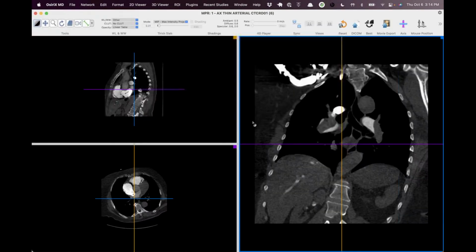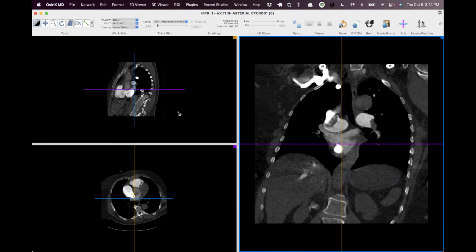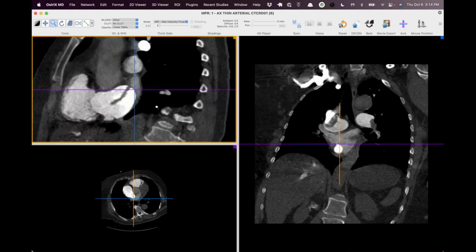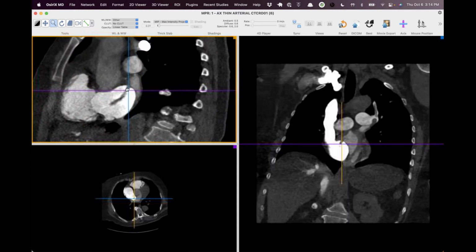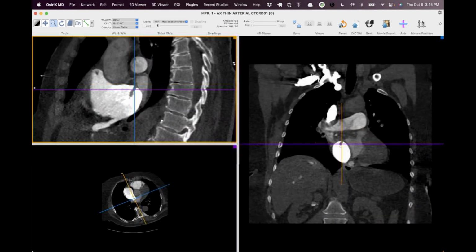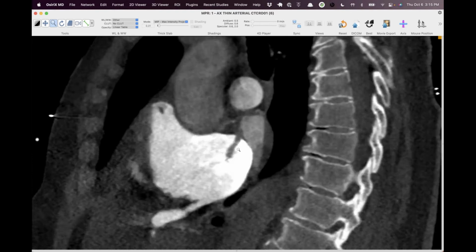But again, I would say we probably catch one of these every couple of years crossing the interatrial septum like this. And you can see it as it kind of shoots up right there towards the left side. Wow. Yeah.